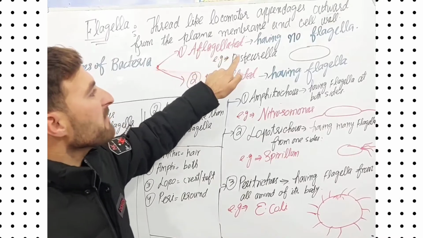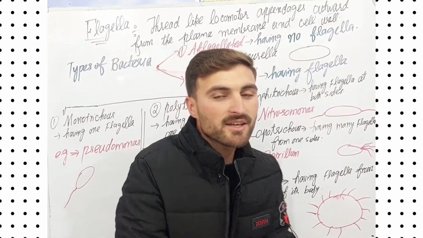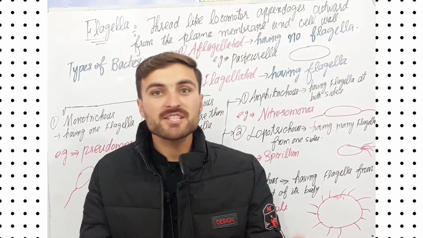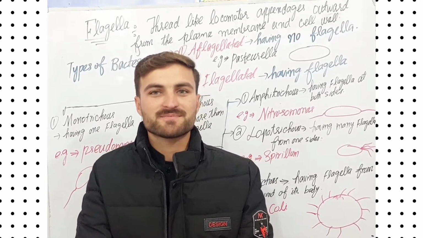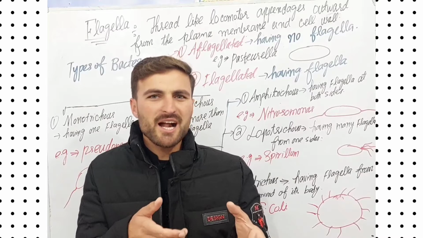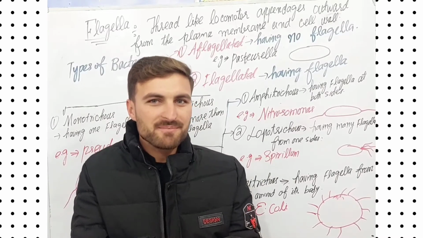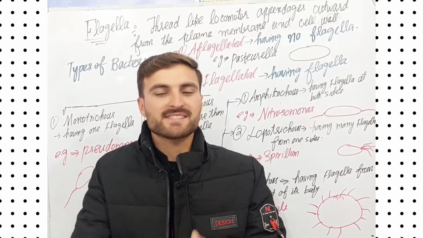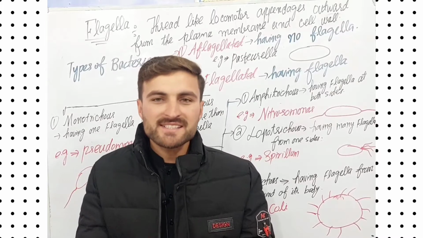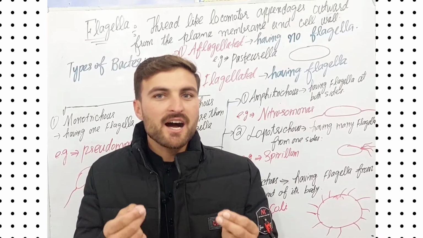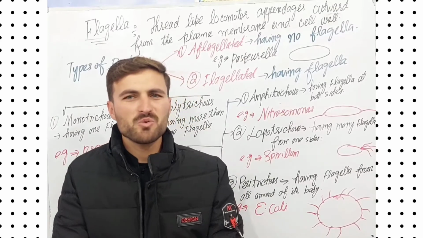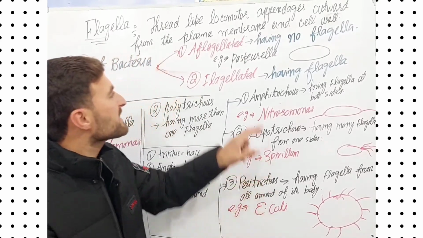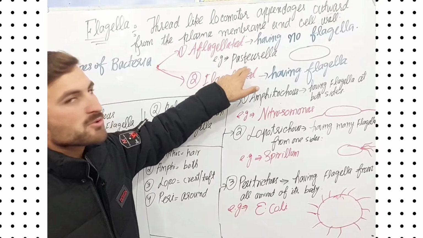Aflagellated, having no flagella. If a bacterium doesn't have any flagella, we call that aflagellated. Or we can also call it another name, that is Atricus. So Atricus or aflagellated are those bacteria which have no flagella. They don't need flagella. What is the example of this? The example will be Pasteurella.